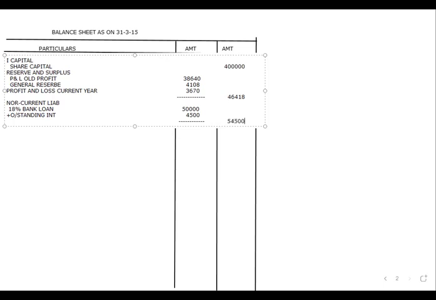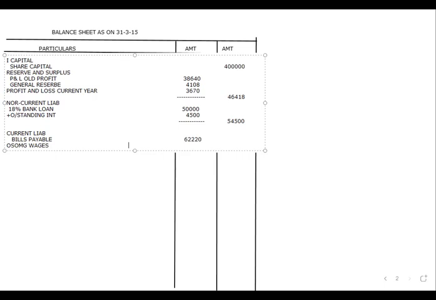Then we are going to have what after that? We are going to have a current liability. So here, under current liabilities, I'm going to take all other things, that is bills payable, which is 62 to 20, 6,220. Then outstanding wages, which is how much we got outstanding wages?